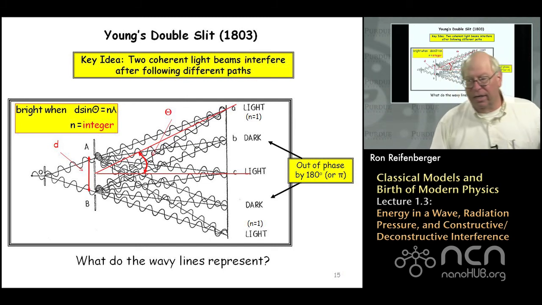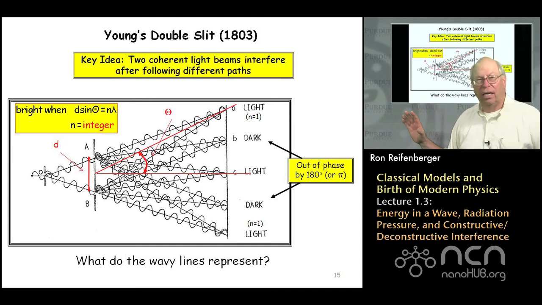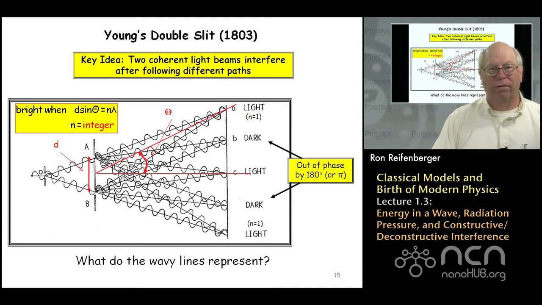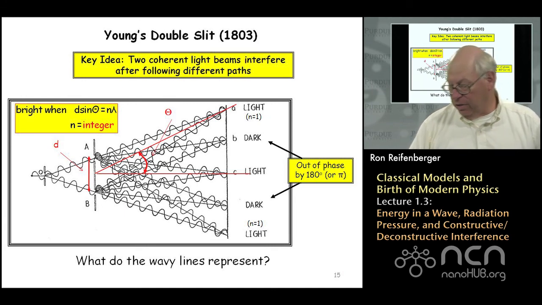We'll come back to this idea later on, but it was a very early suggestion, in 1803. This is 60 years before Maxwell. It was a suggestion that visible light, in fact, behaves as a wave. It wasn't seriously believed, but it nonetheless is there in the literature.